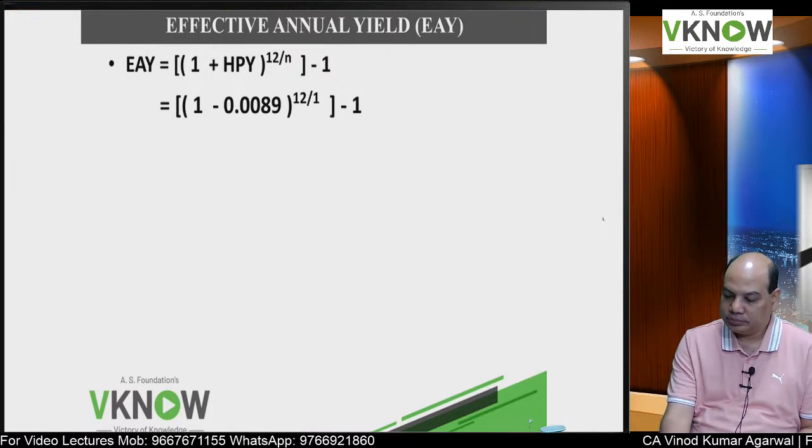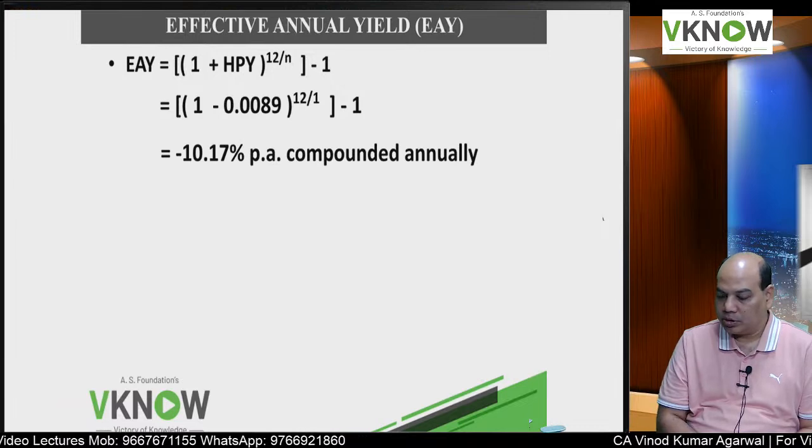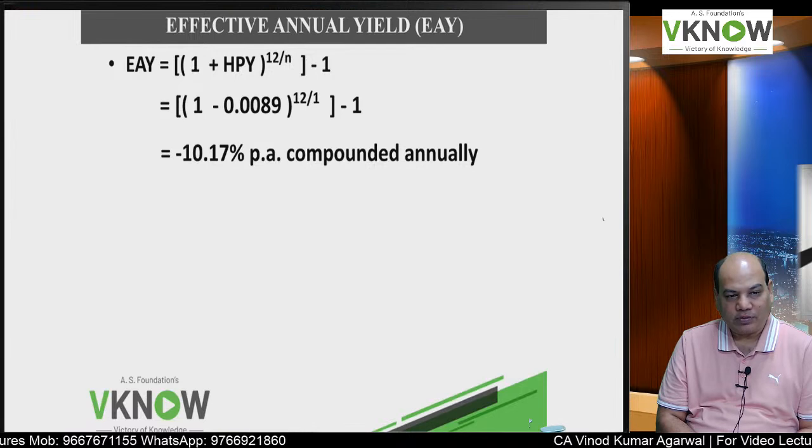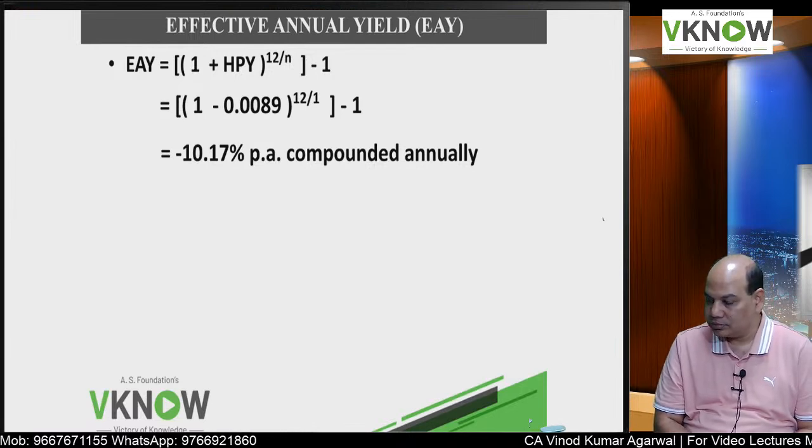What is your answer? Minus 10.17% per annum compounded annually. Compounded annually, write down. Is it right?